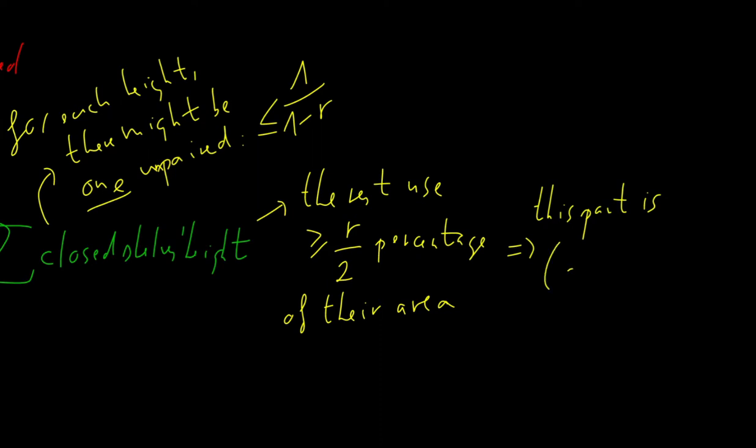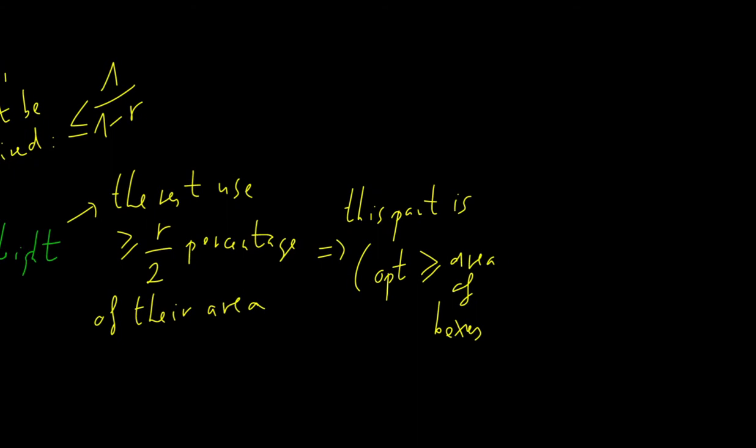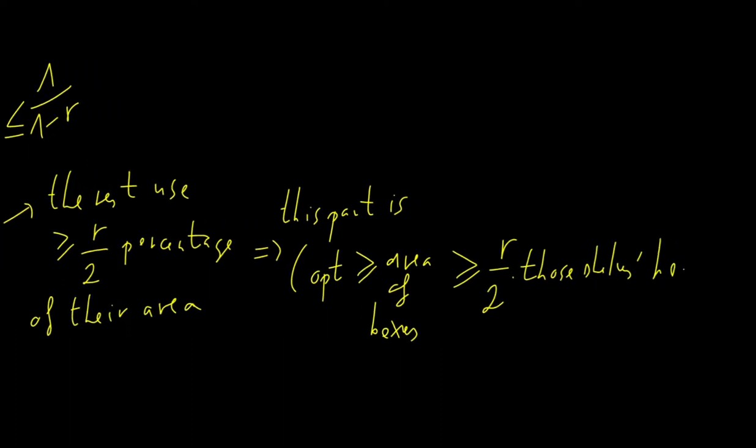So this part is, since optimum is at least the area of the boxes, and the total area of the boxes is at least r half of those shelves' total area, but since the width is 1, we can just use the height here.